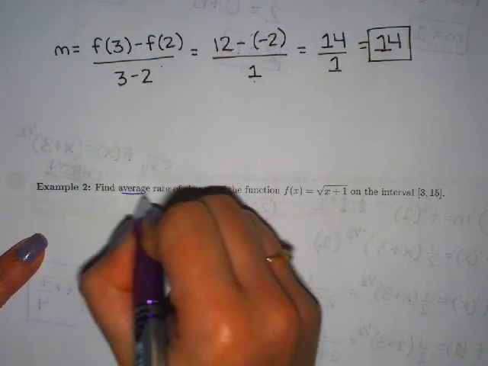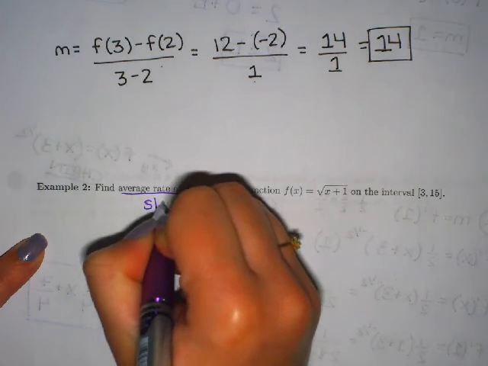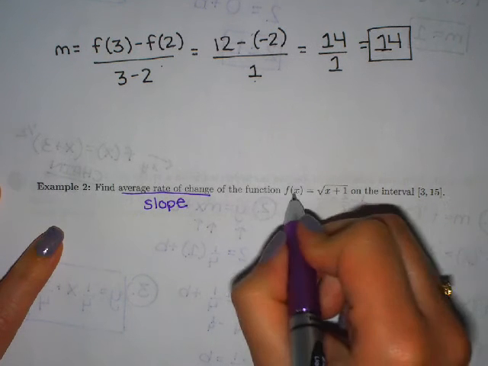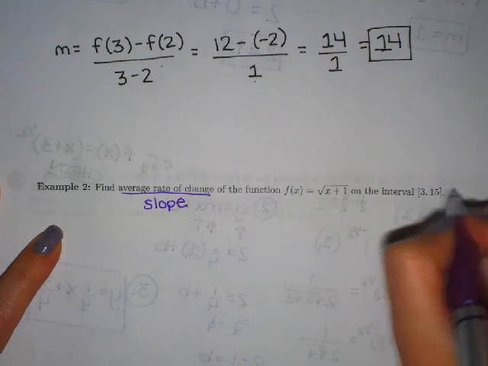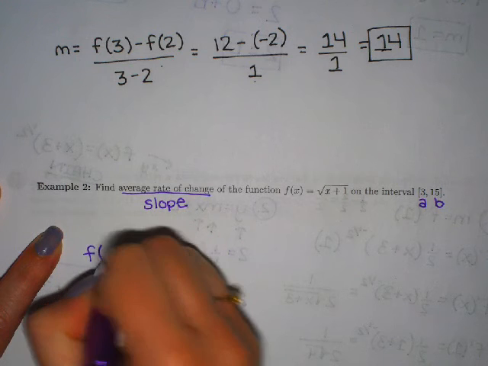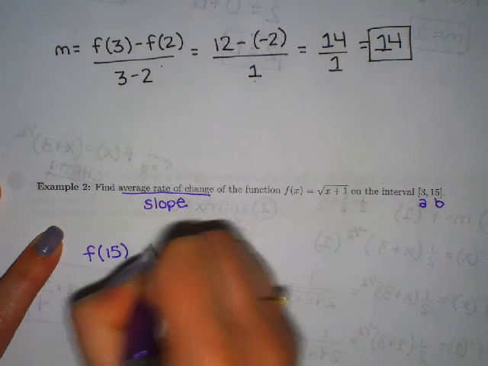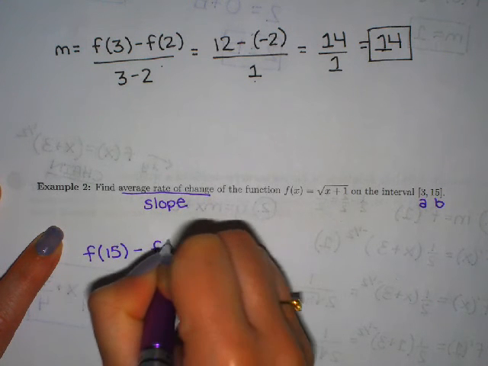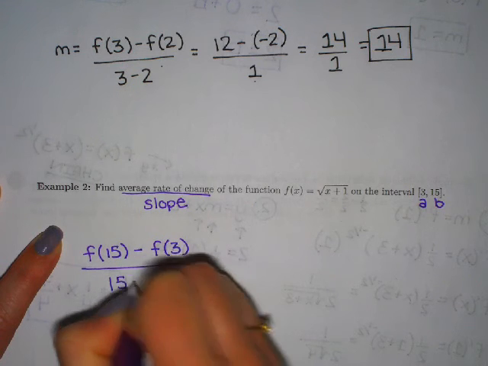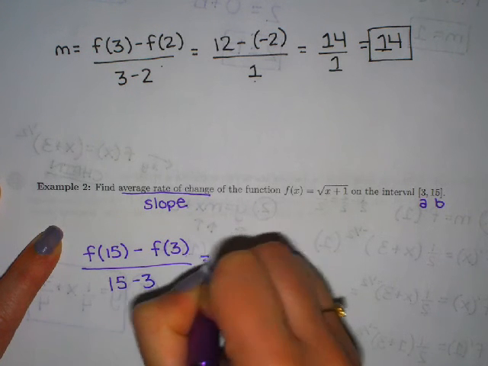We're going to use the same formula because it says average rate of change. That always means slope. Tangent meant use the derivative. Average change means use the slope. So we want to plug in our a to b. So we're going to do f of 15 for this one, minus f of 3 over 15 minus 3.